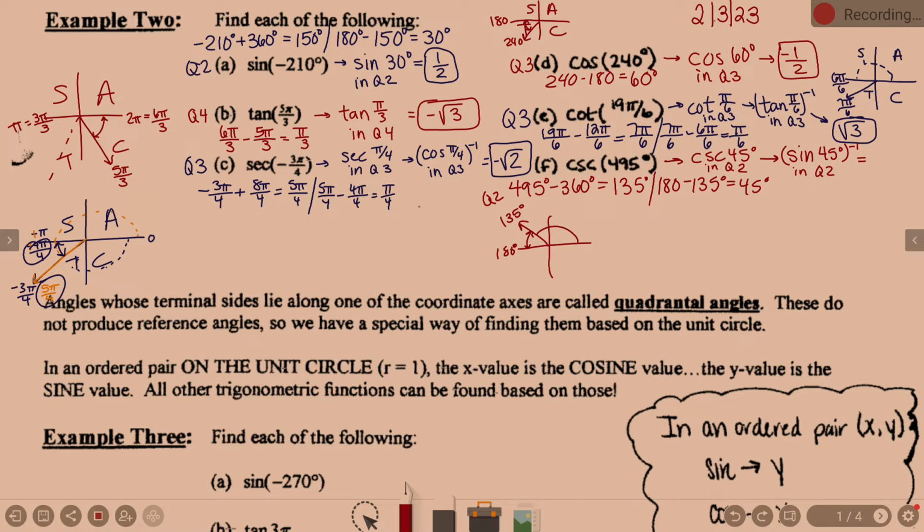Okay, so sine of 45 is square root of 2 over 2, which comes from 1 over square root of 2. But the reciprocal of 1 over square root of 2 is square root of 2. And sine is positive in this quadrant. All students take calculus.